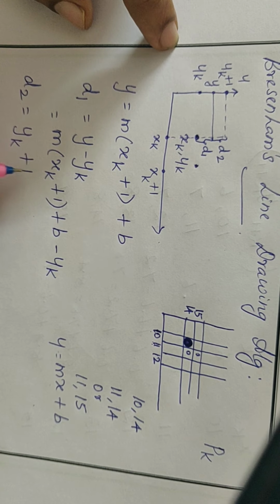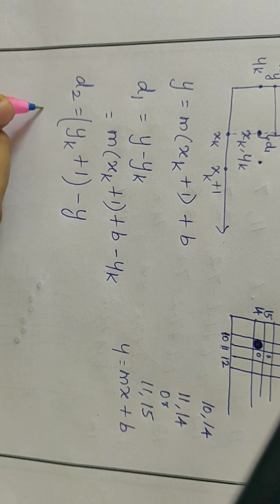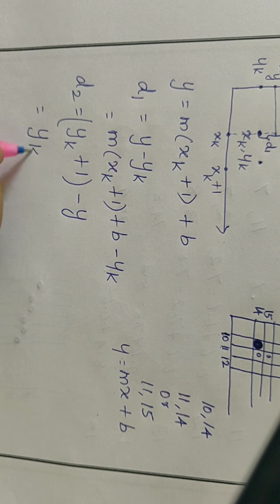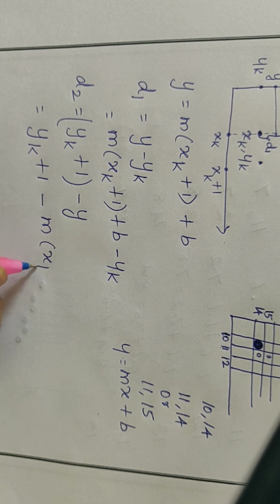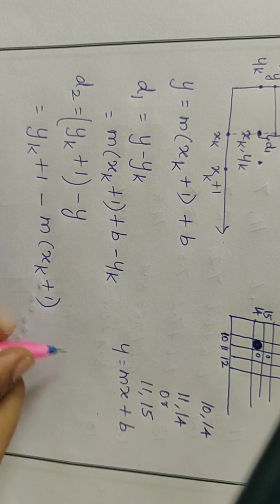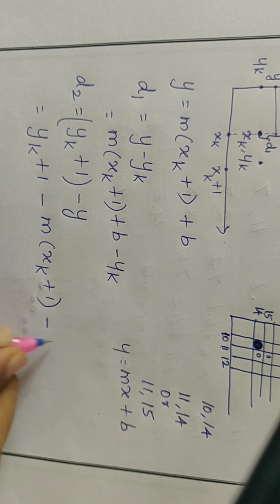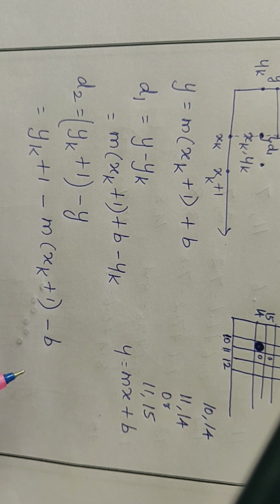You know what is y. Y value we have here. So yk plus 1 minus m of xk plus 1 minus b, right?